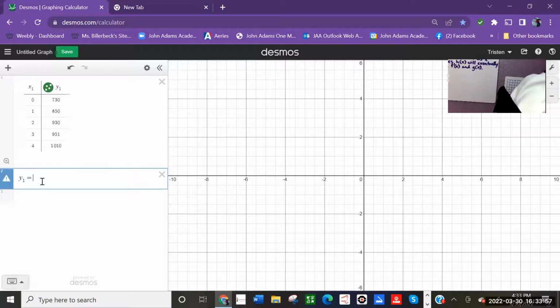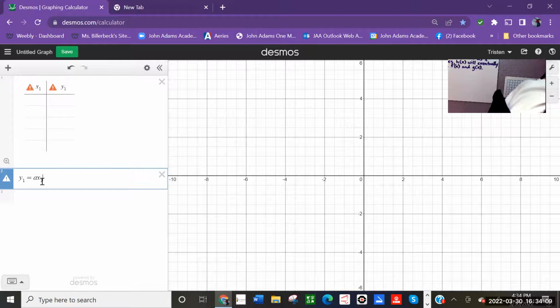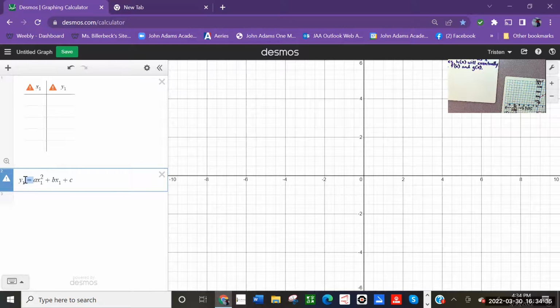And we want to find a quadratic, so we'll do ax sub 1 squared, and then we will add bx sub 1. So you just type 1 and it puts it down in the subscript, and then plus c. Oh, you know what I forgot? This needs to be a tilde, not an equal sign.